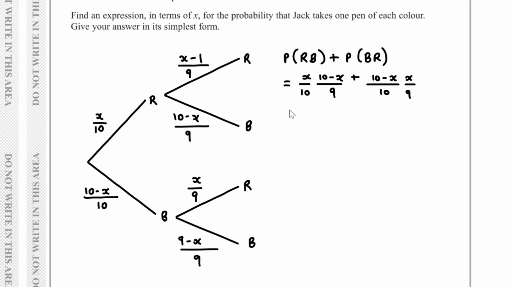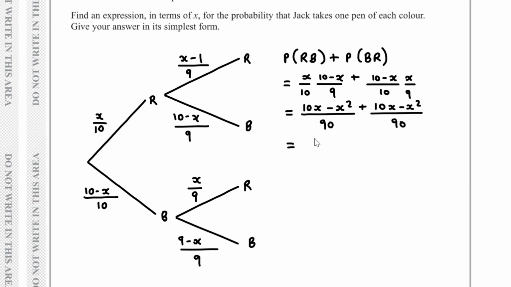So now we need to tidy all of this up. Here, if we simplify, we're going to have (10x minus x squared) over 90 plus (10x minus x squared) over 90. So we now need to simplify all this.